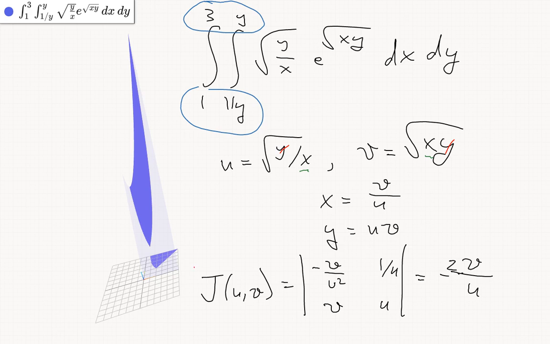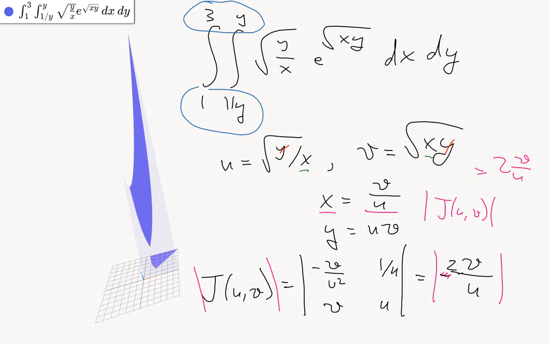And since we need to take the absolute value of this in the substitution formula, since v over u is equal to x, and x is always positive, the absolute value of the Jacobian will be 2v over u.